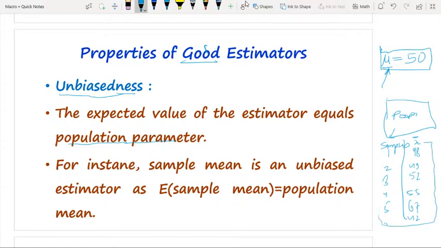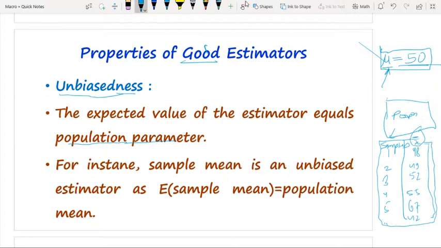The unbiasedness property says that if the average of the sample averages equals the population parameter, in this case if the average of the sample means equals 50, we say that the sample mean is an unbiased estimator. In a sense, the sample mean cannot be exactly equal to the true population parameter, but on average it can be. If it is equal to the population parameter on average, it is called an unbiased estimator.